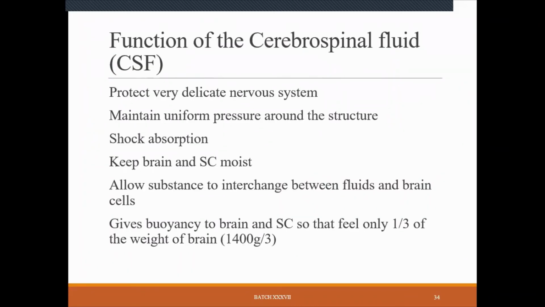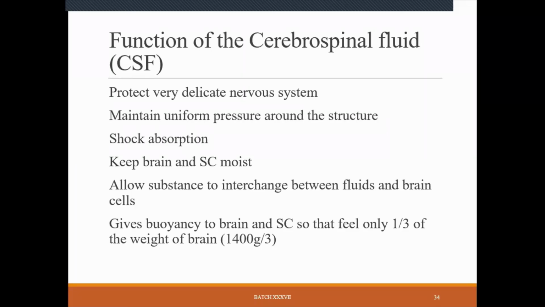And the function of the cerebrospinal fluid is to protect the very delicate nervous system, and it maintains uniform pressure around the structures. It helps with the shock absorbing effect, and it keeps the brain and spinal cord moist. It allows substances to interchange between fluids and brain cells, and it gives buoyancy to the brain and spinal cord, so that we feel only 1/3 of the weight of the brain.